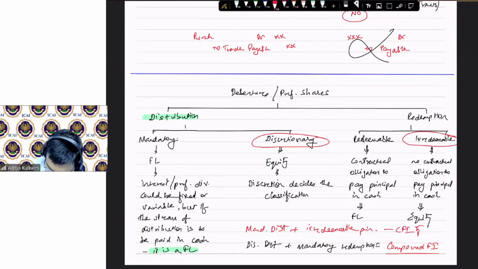This also becomes a compound financial instrument. Any of these combinations can be there in your instrument.